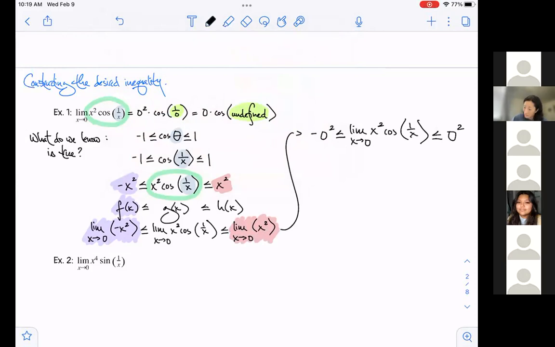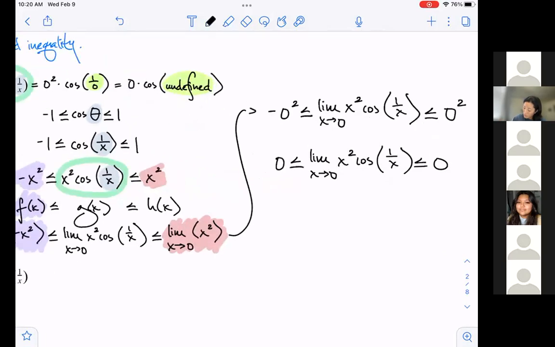And indeed, we get 0 on both sides. And so if both the limits are 0, what's the limit of the filling? I'm assuming 0 too. Yeah, it's going to be 0 as well, right?